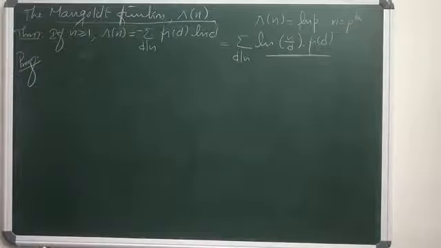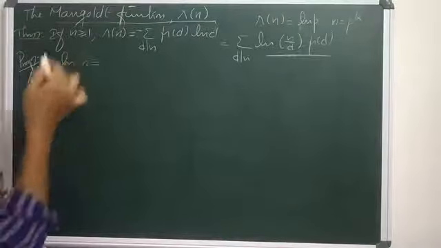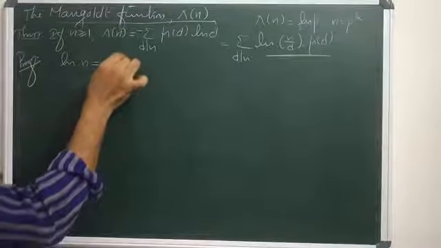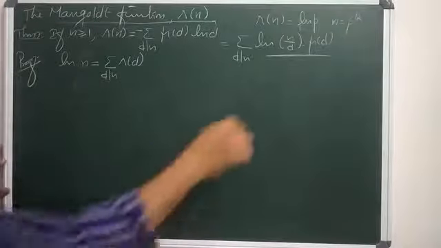The proof is, what is log n? We know that by the previous result, when n ≥ 1, log n equals Σ_{d|n} Λ(d). This is already proved. What is the Mobius inversion formula?